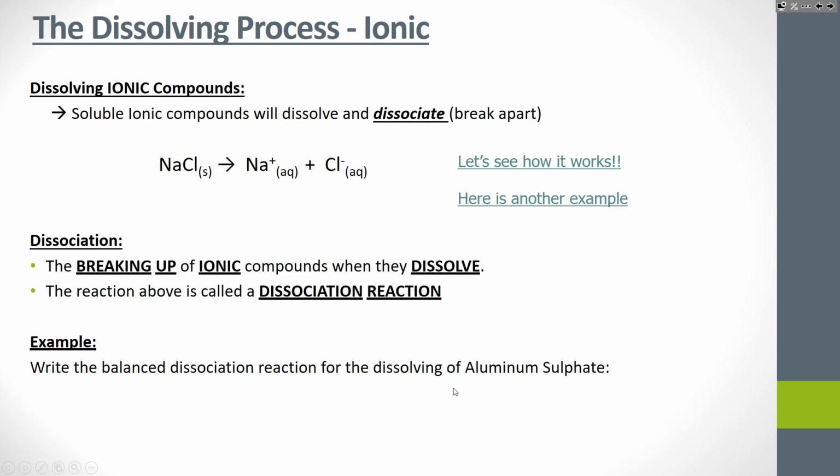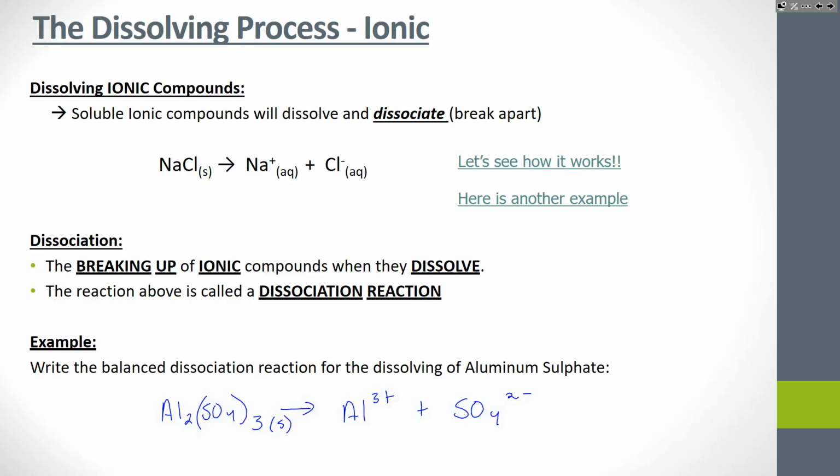So if we want to write a dissociation reaction, this is what it looks like. So imagine we have aluminum sulfate. Again, this would be a salt because it's an ionic compound. So I have Al2(SO4)3. If we were dissolving this, it's going to break apart into aluminum ions and sulfate ions. I'm going to call this a solid to start. Now the problem here is it's not balanced. Notice though you have two aluminums on the reactant side.